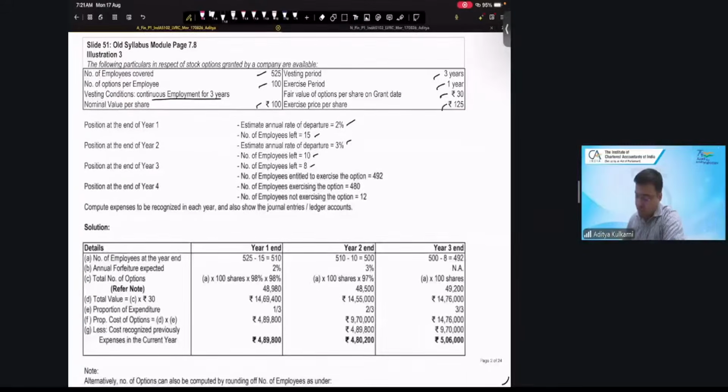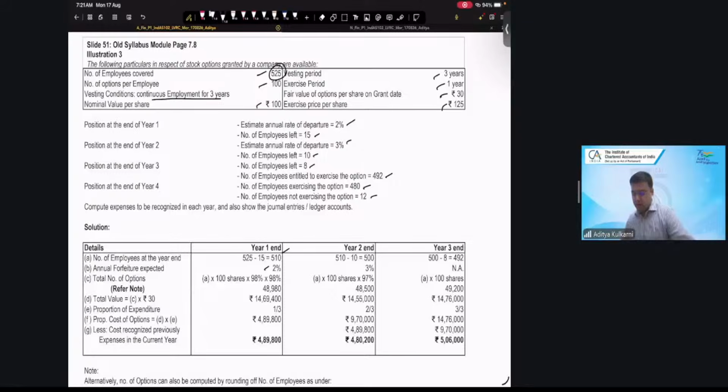So at the end of year one, you started off with 525. At the end of year one, you have 510 employees. Annual forfeiture 2%. So it will be 510 into 100 shares into 98% into 98%. That comes to 48,980. So 48,980 is the number of options expected to vest.